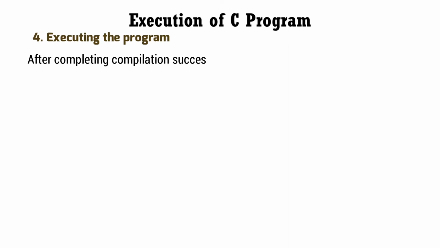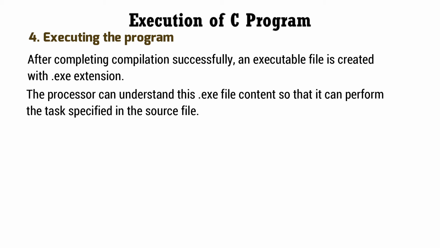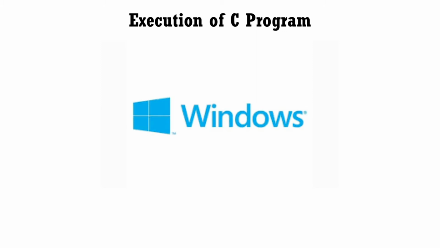After completing the compilation successfully, an executable file is created with the .exe extension. The processor can understand this .exe file content so that it can perform the task specified in the source file. Now let us understand the steps to execute C programs in a Windows system.